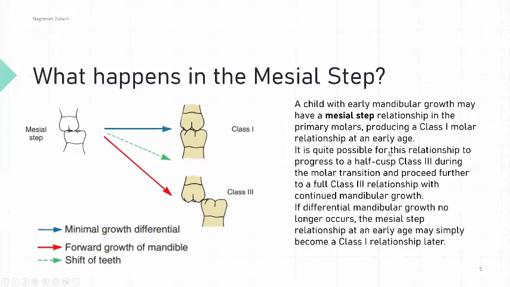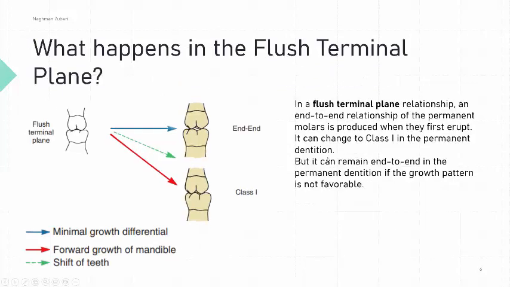It is quite possible for this relationship to progress to a half cusp class 3 during the molar transition and proceed further to a full class 3 relationship with continued mandibular growth. If the differential mandibular growth no longer occurs, the mesial step relationship at an early age may simply become a class 1 molar relationship as the child grows.